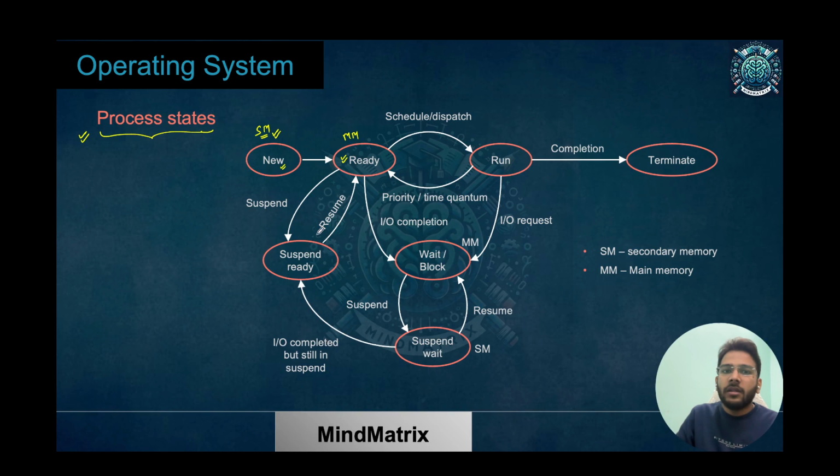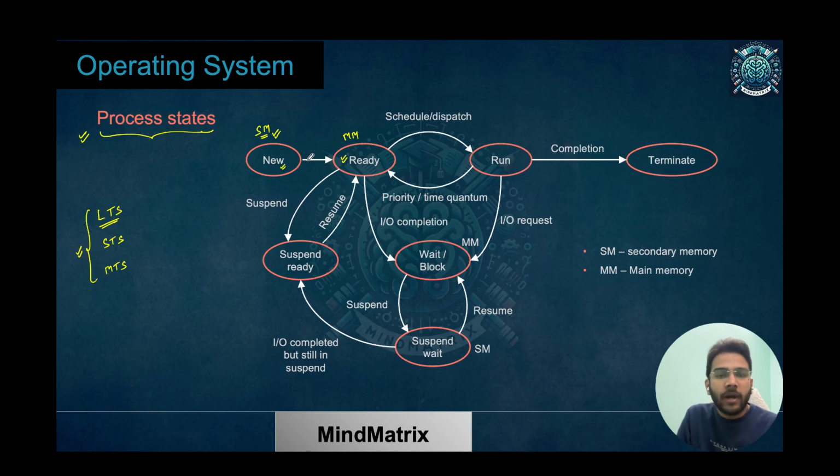Then we have the short-term scheduler. Basically we have three types of scheduler: long-term scheduler, short-term scheduler, medium-term scheduler. We will talk about all these schedulers in detail in this lecture, but just understand this, that your long-term scheduler controls the degree of multi-programming.